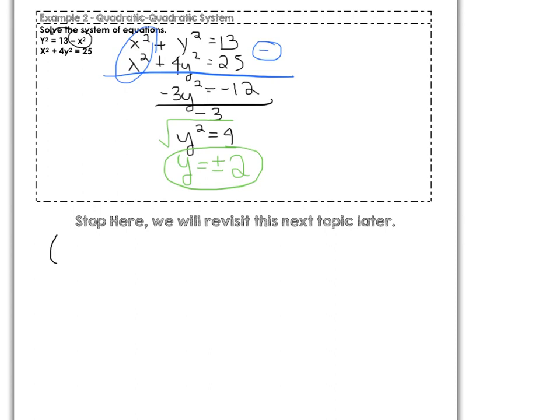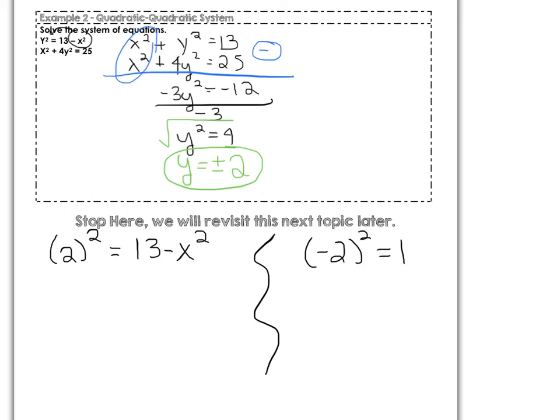So first off, when we plug in positive 2, we have 2 squared equals 13 minus x squared. And then I'll just show my work that way, so I won't forget my solutions here. All right, so 4 is equal to 13 minus x squared. When we subtract 13 from both sides, 4 minus 13 gets me negative 9 equals negative x squared.